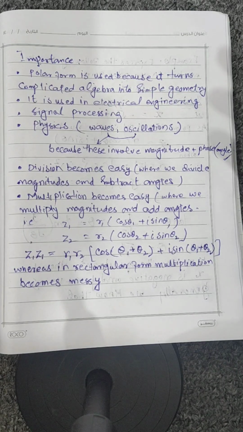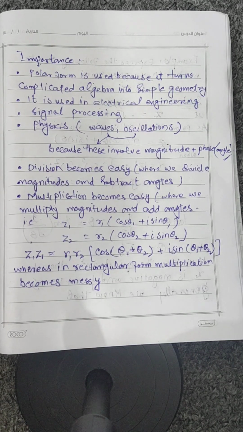Other than this, division becomes easy, where we divide the magnitudes and subtract the angles only.